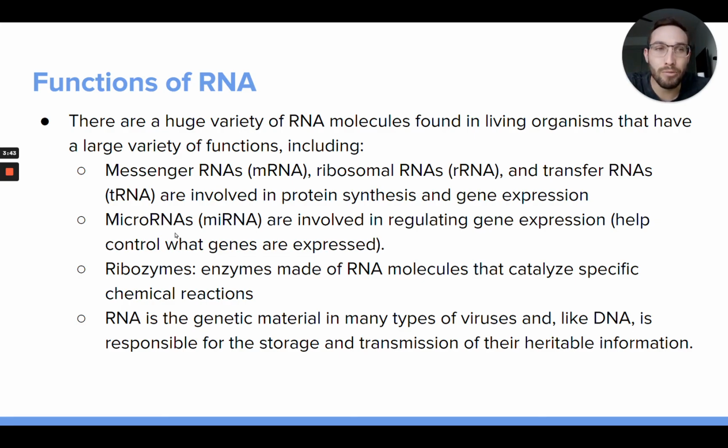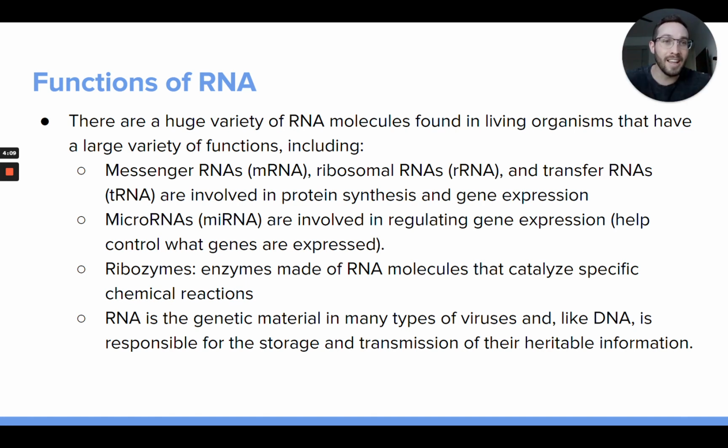And then there's things called microRNAs, and there's a variety of different types of microRNAs, but these are basically shorter pieces of RNA molecules, short strands of RNA. And they usually are involved in regulating gene expression, meaning they play a role in determining which genes are being expressed more and which genes are being expressed less in certain cells.